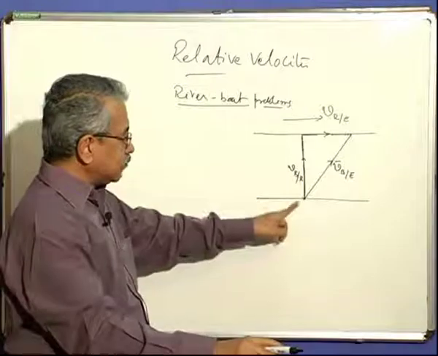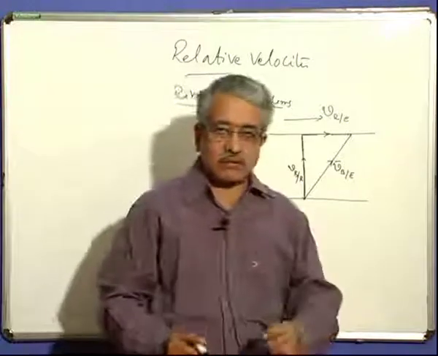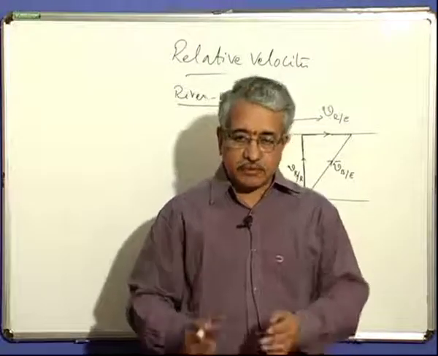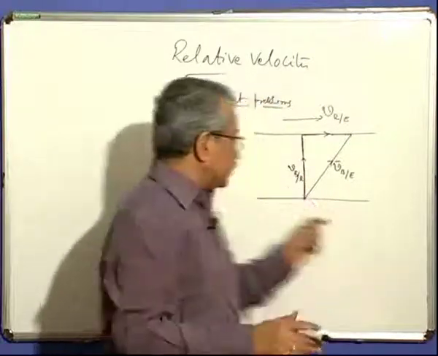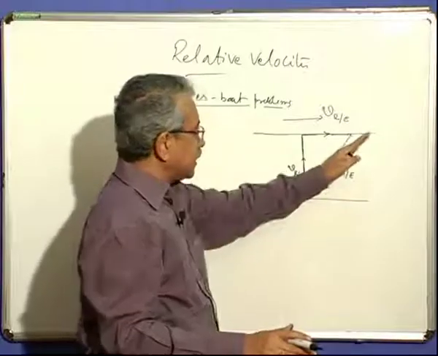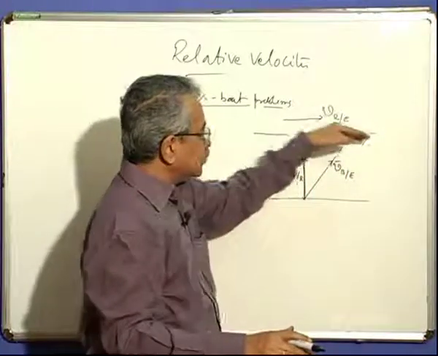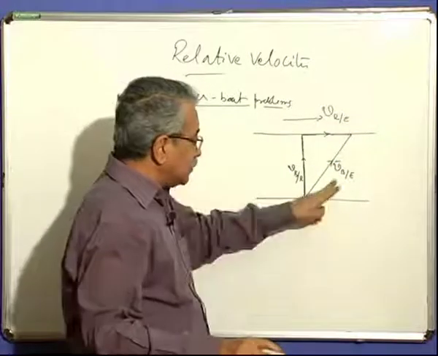With respect to the river, it is moving. That means the sailor driving the boat thinks as if he is heading up straight away. But he is not going straight away. He is going in a different direction because this velocity is superimposed by that velocity. So this will be the actual velocity.